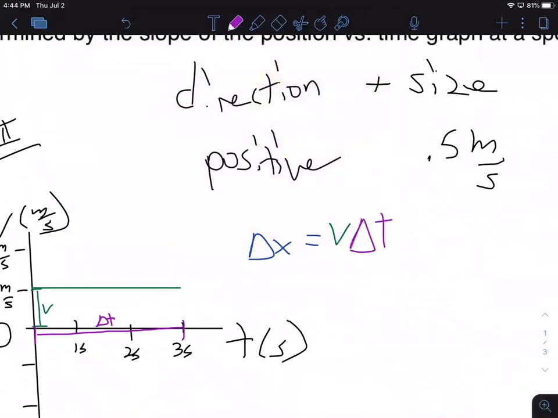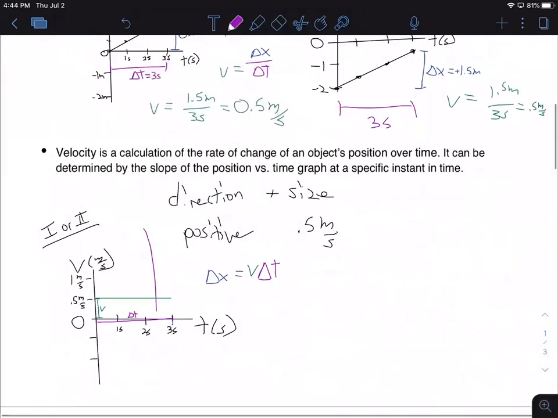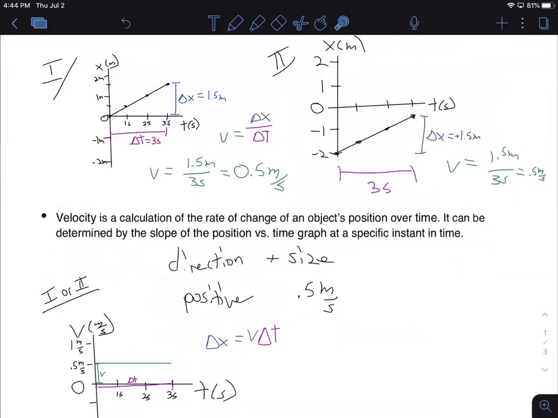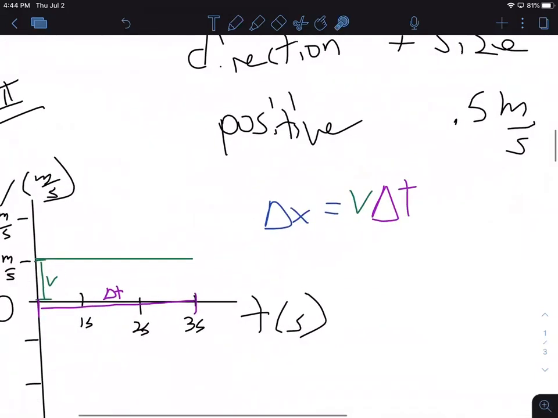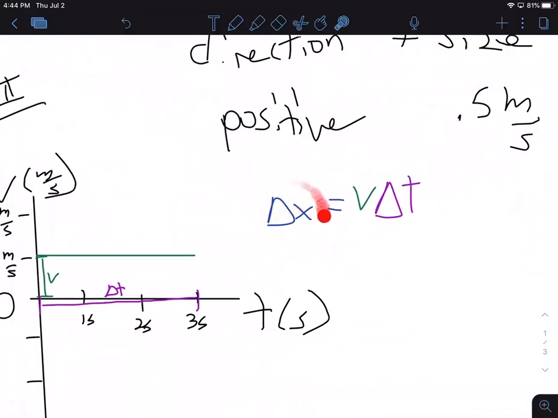And again, I really want to stress this formula worked, rise over run, only because this is a constant slope. We can only do this because this slope is not changing. That's the only reason we can do rise over run. Okay, so change in position, that is displacement, is v delta t.